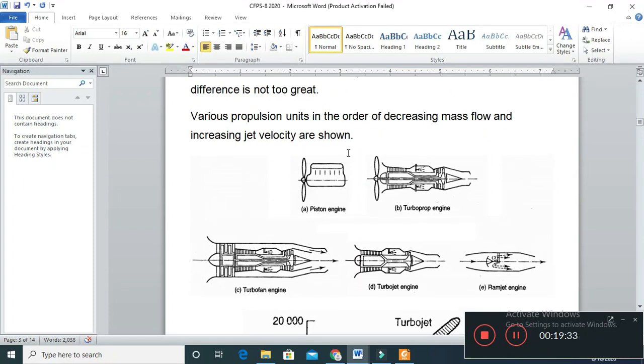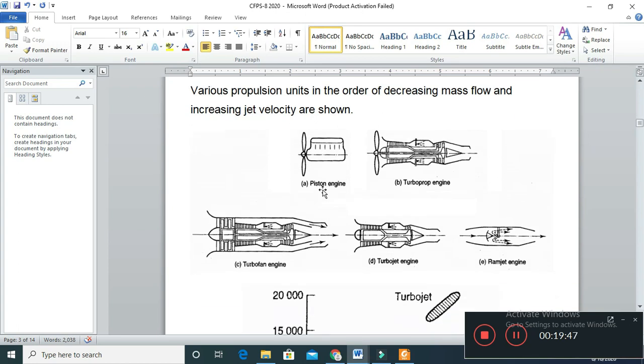So the piston engine is not common due to its weight and less power. Higher weights but less power, so the piston engine is not utilized.